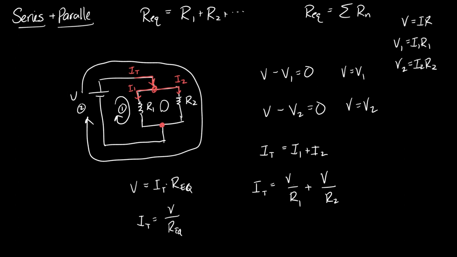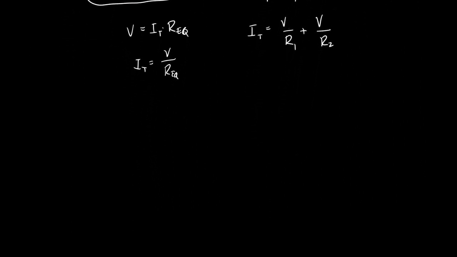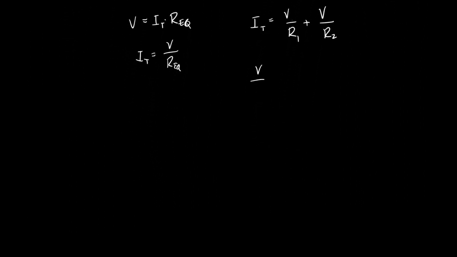Does that all make sense? So can I bring all these together and get that V over R equivalent equals V over R1 plus V over R2? And there it's proven in a parallel circuit.